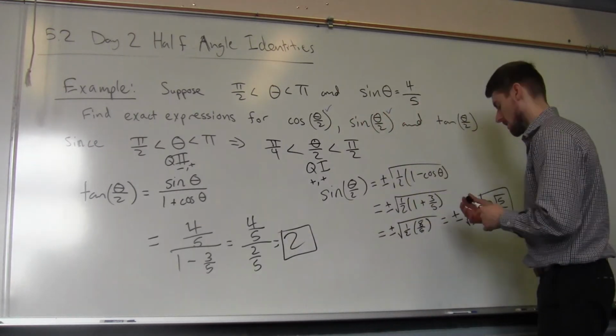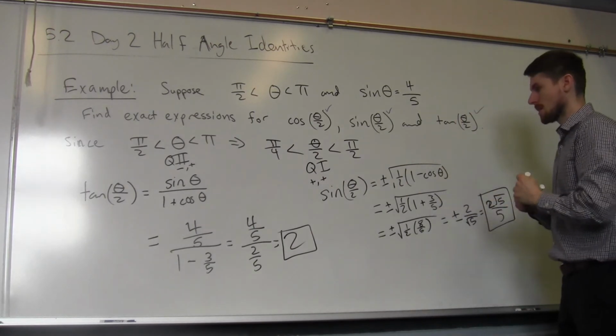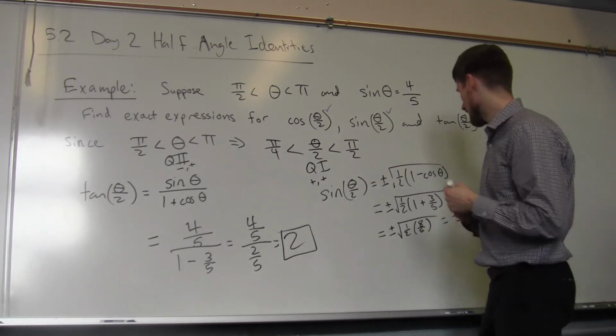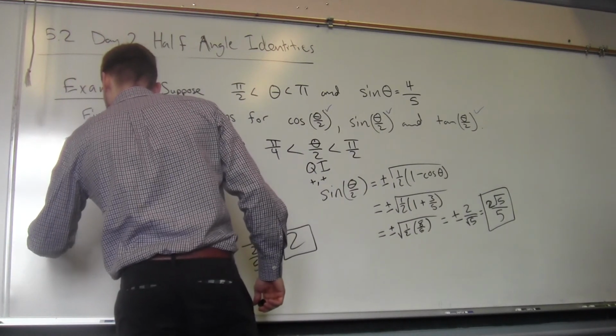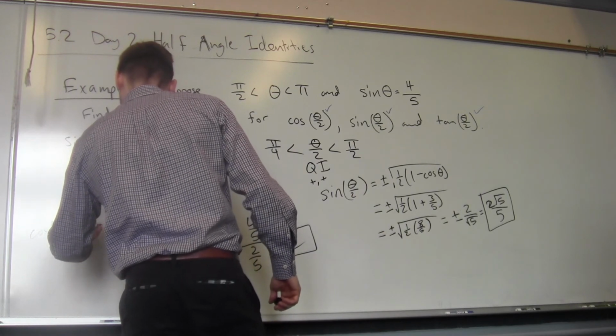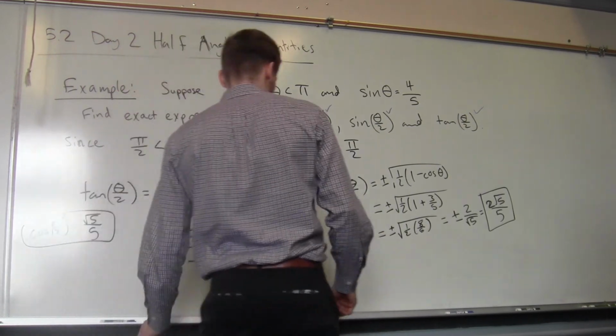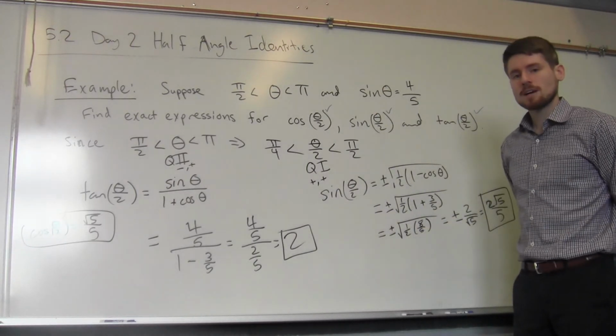And there are all of our answers for sine, cosine, and tangent. I erased the cosine one, but we already had it down: cosine of theta over 2 was equal to root 5 over 5. Sweet, and that's how you apply this half-angle identity.